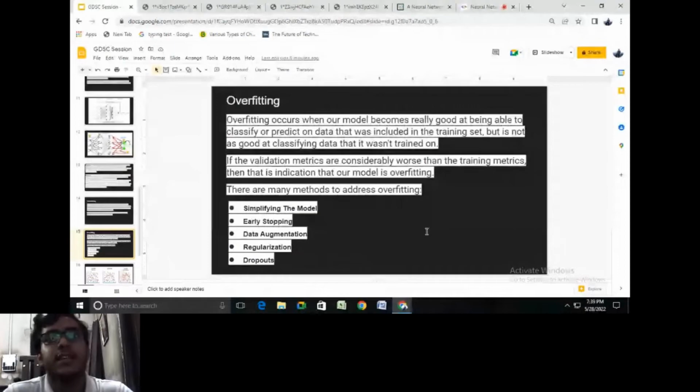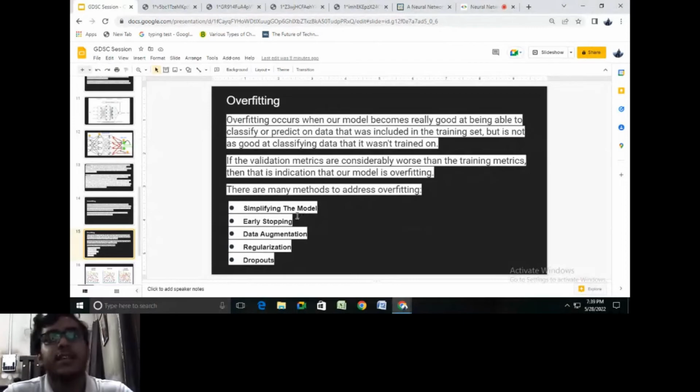There are many methods to address overfitting that we have given here. I'm not going to elaborate on these methods right now because it will take a lot of time, and you also need some prerequisites to go on learning with these methods.